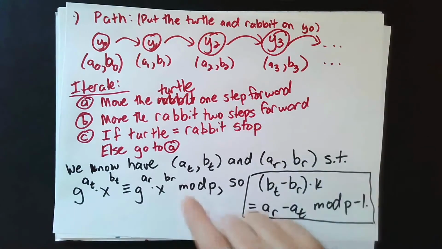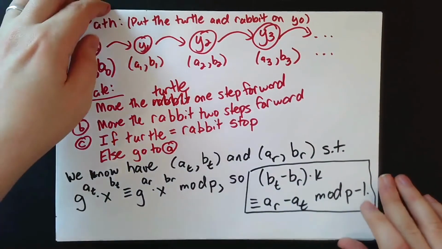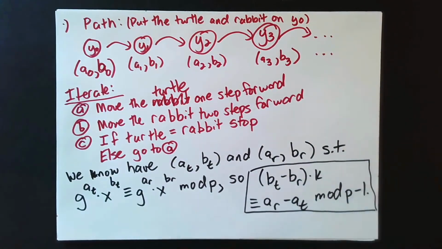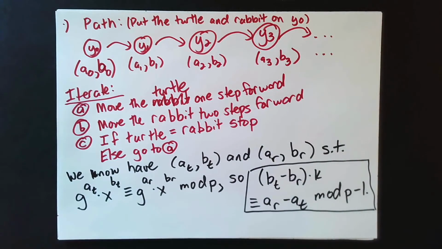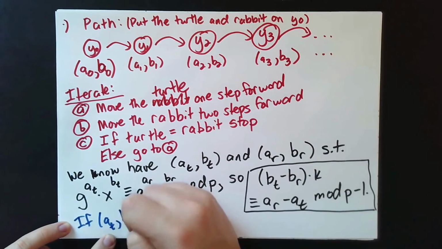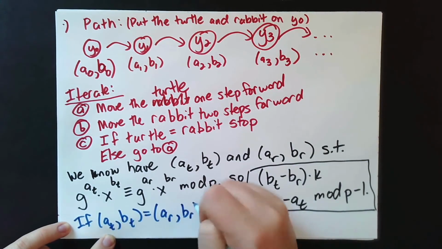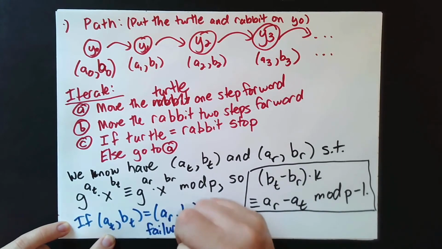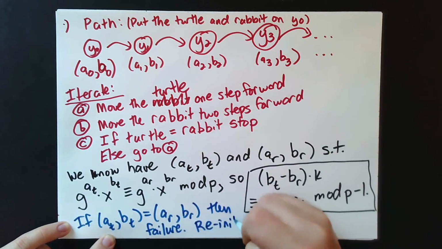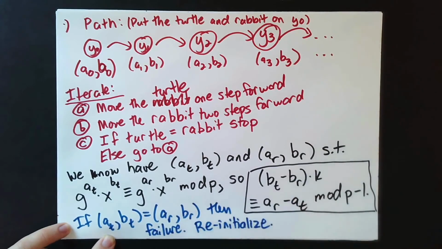In that case, this equation we've just found says 0 equals 0 mod P minus 1. And that, unfortunately, is not a helpful equation to solve for K. So, just like in Pollard rho for factoring, there is a rare but real fail case here. So, if this happens, we have to go back to the start and try again.